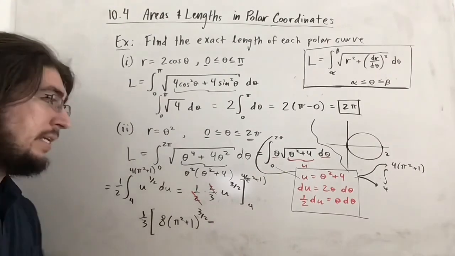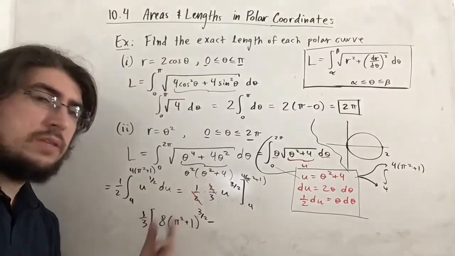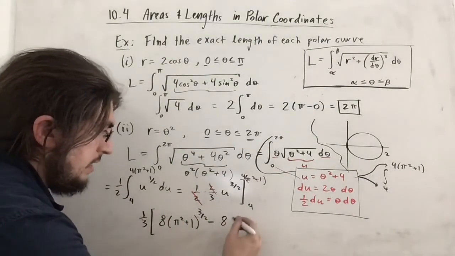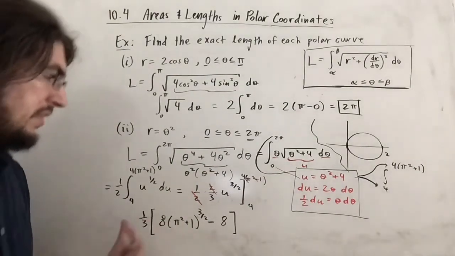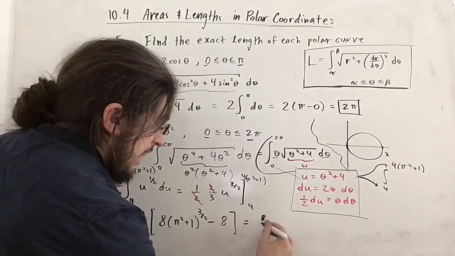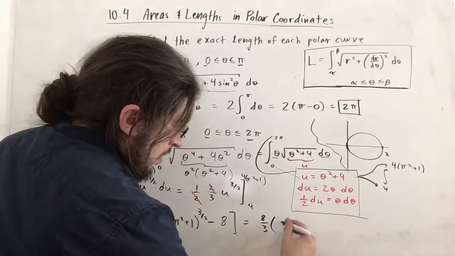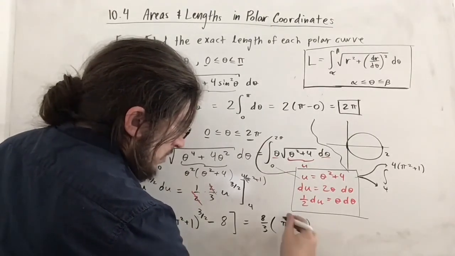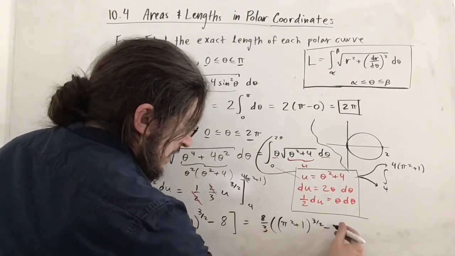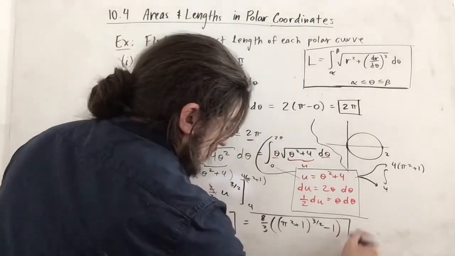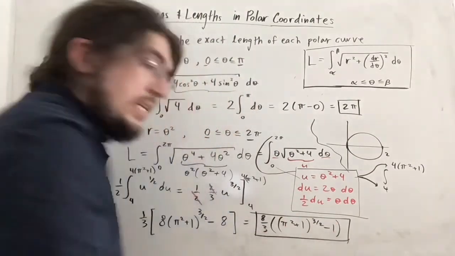Okay, and then minus 4 to the 3/2, we already said 4 to the 3/2 is just 8. And in fact, if we pull out this 8, we'll be left with 8 over 3 outside of pi squared plus 1 all to the 3/2, and then minus 1. Brilliant. Nice. So we actually didn't need to erase for space.